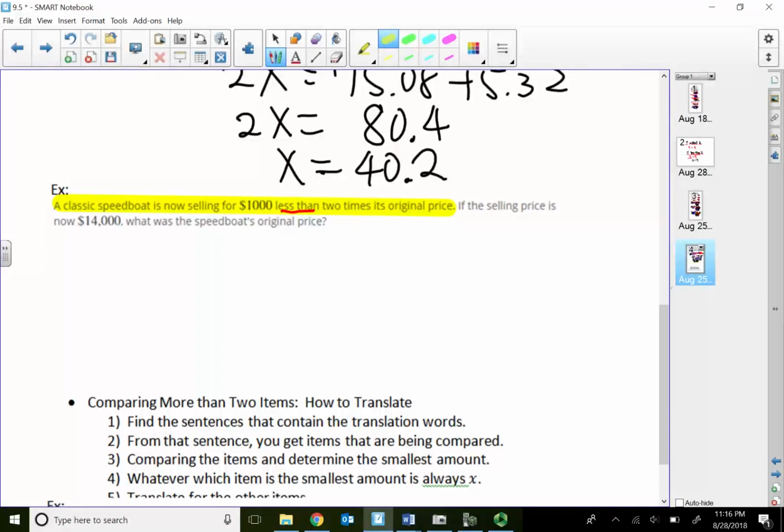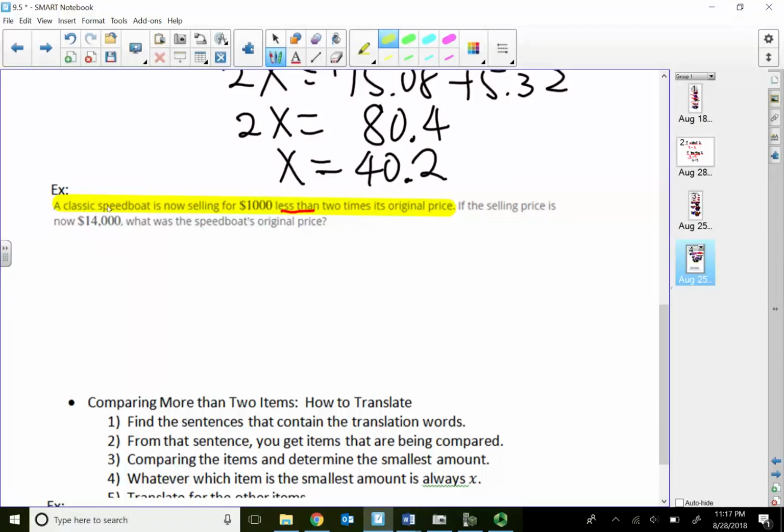So who is less than who here in this phrase? Are we comparing between two different kinds of speedboats? Are we comparing a speedboat with something else, like a car or something like that? Nope. None of that.